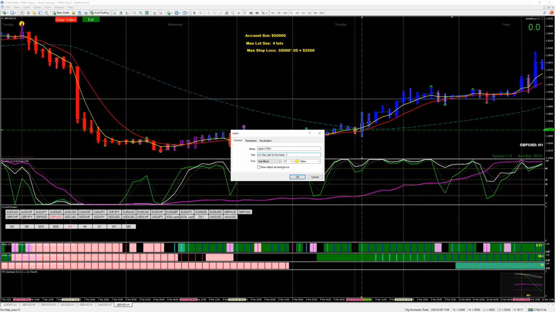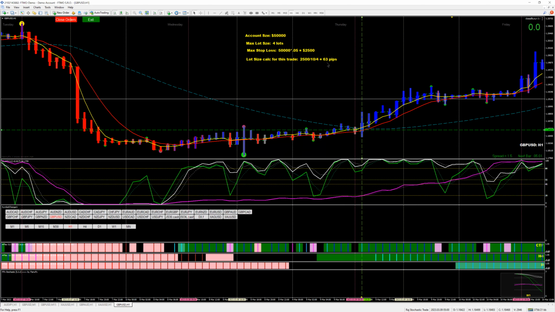So divide that by 4: 2,500 divided by 10 divided by 4. That's equal to 63 pips. Okay, that's the max. So for 63 pips, I can do 4 lots and not go over my daily allocated amount, the daily max.